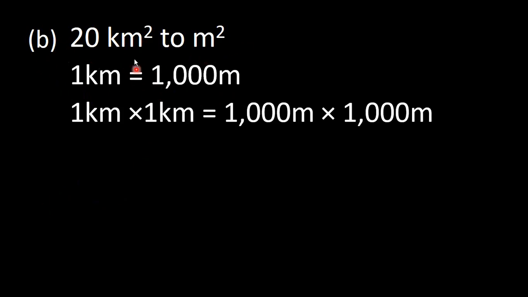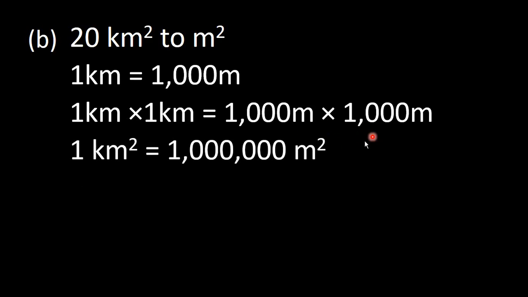When you square 1 kilometer, you get 1 kilometer times 1 kilometer, and if you square 1,000 meters, you get 1,000 meters times 1,000 meters. That is squaring. So we shall have 1 kilometer squared is going to be 1 million meters squared.